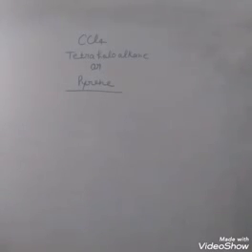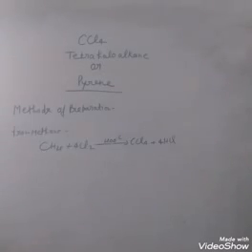Here we discuss some preparation methods of CCl4 or carbon tetrachloride. First, it is obtained from methane in two processes. First, chlorination of methane with excess of chlorine at high temperature yields carbon tetrachloride.